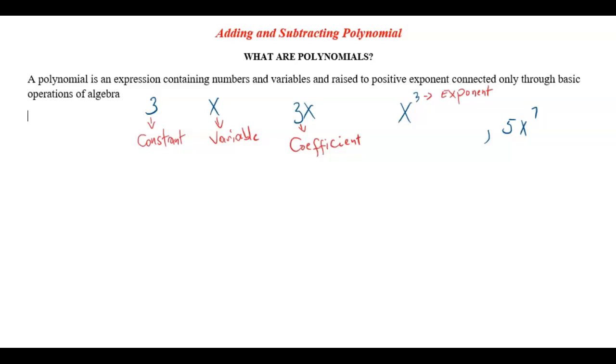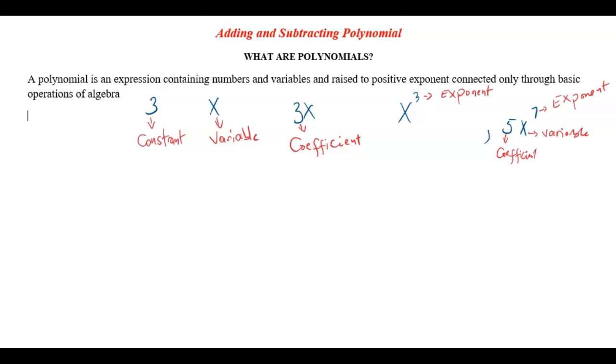In this case, we will say that 5 is the coefficient, not a constant. It's only a constant if there is no variable. Because it's attached to a variable, it is a coefficient. And x is your variable, and 7 is your exponent, okay? So they can all be together.